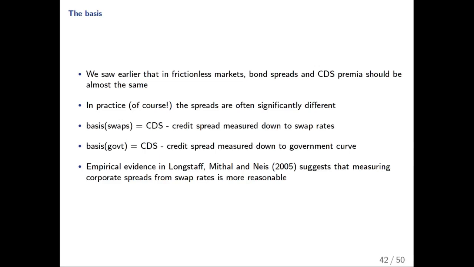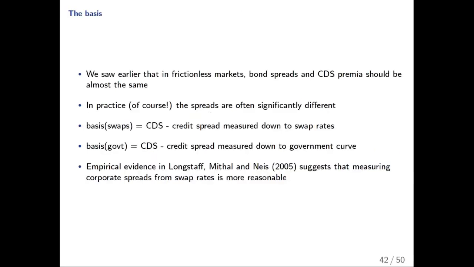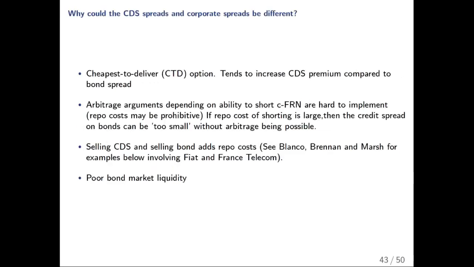In practice, there are differences. This paper is a canonical example that argues for differences between credit default swap spreads and corporate bond markets. So why are there differences? Well, frictions. What are the frictions?